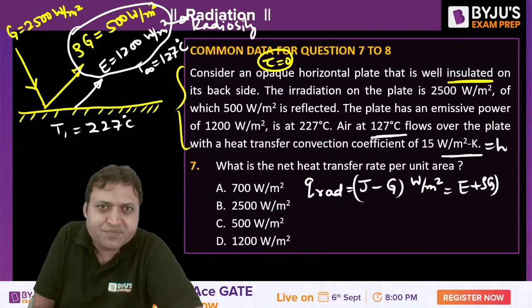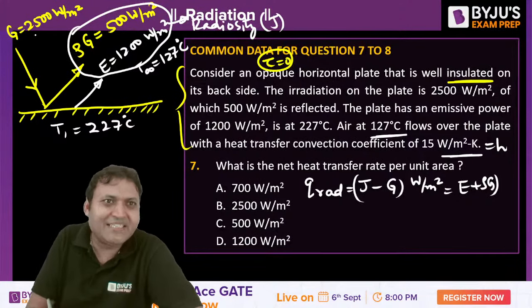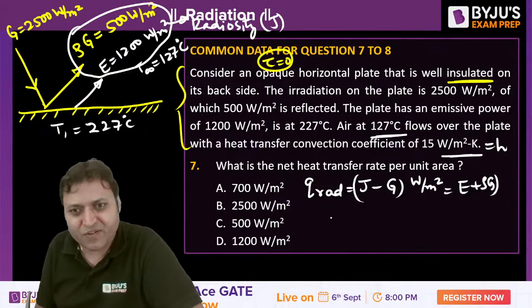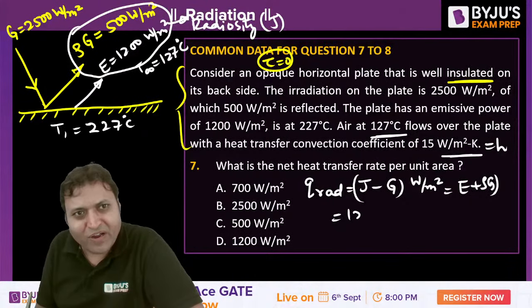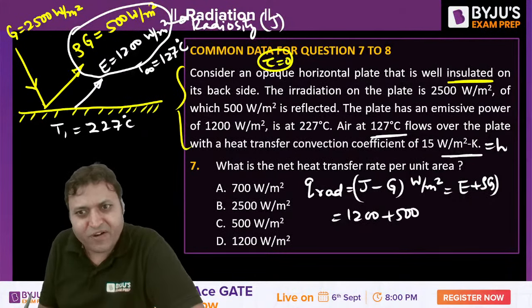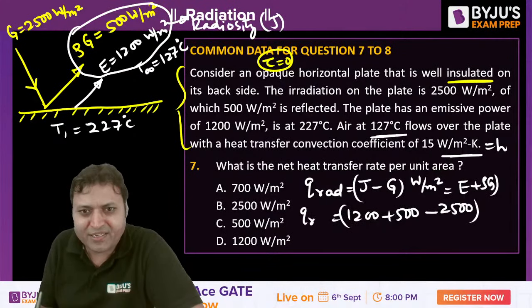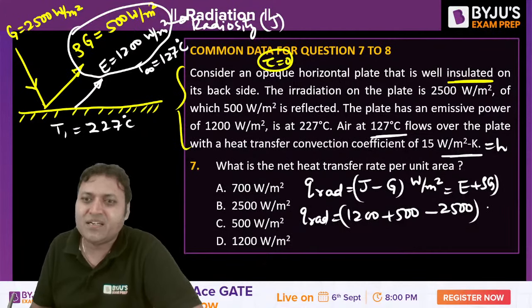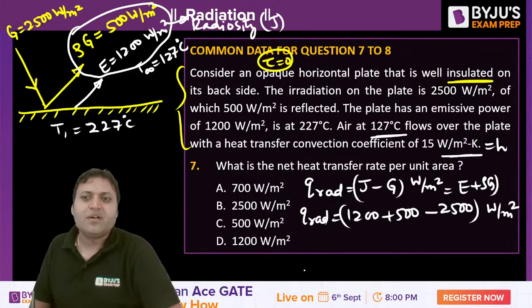And J minus G will be the net radiation heat transfer. So we can say 1200 plus 500 minus 2500 is Q radiation. That is the radiation heat transfer rate per unit area.